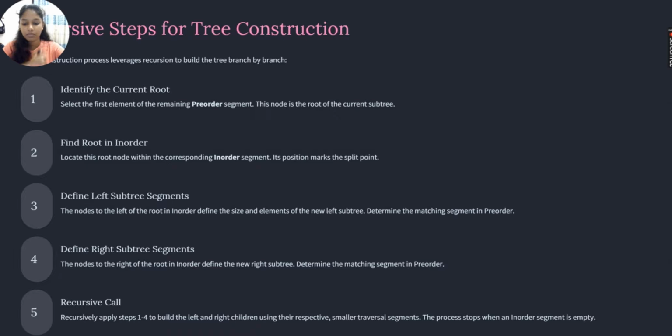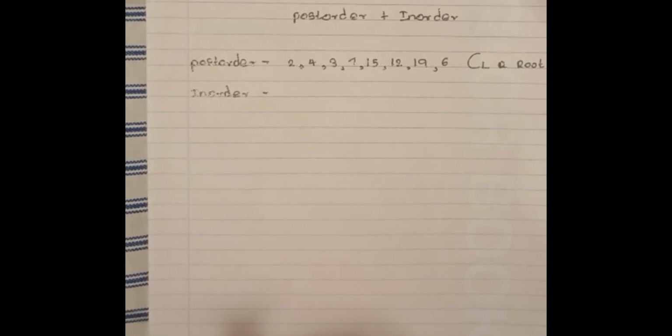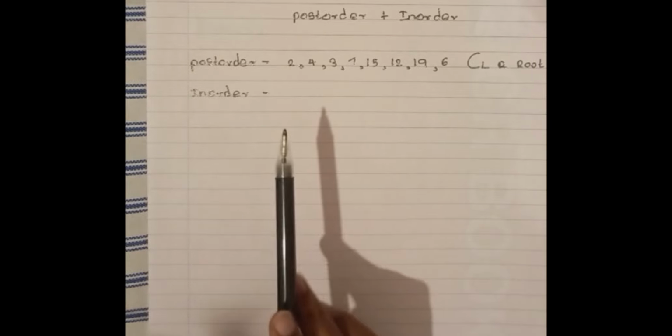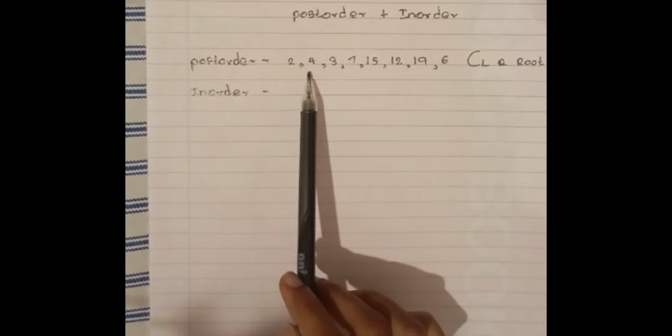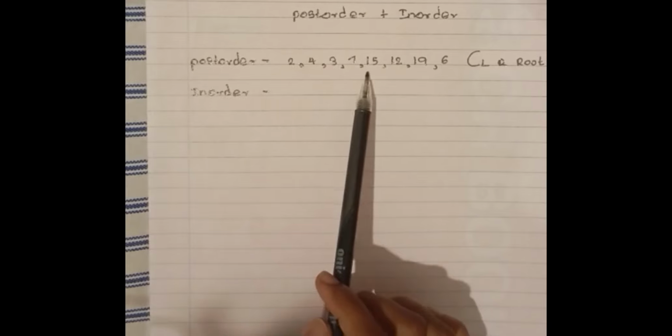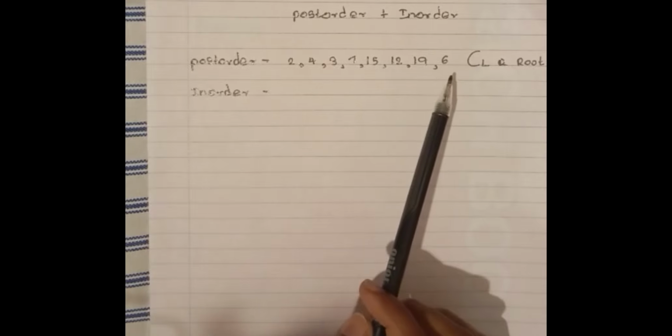So you understand how Postorder plus Inorder reconstruction works. Let's understand this with an example. First, Postorder: 2, 4, 3, 7, 15, 12, 19, 6.